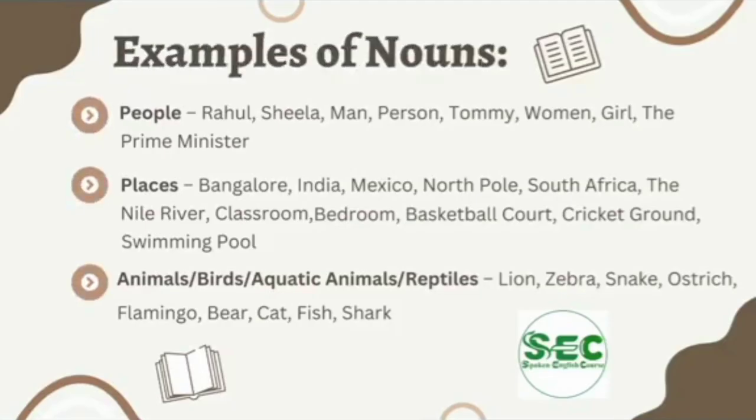In nouns, first we have people: Rahul, Sheila, man, person, Tommy, women, etc. Next, places: Bangalore, India, Mexico, North Pole, South Africa, etc. Animals, birds, aquatic animals, reptiles are also called nouns.